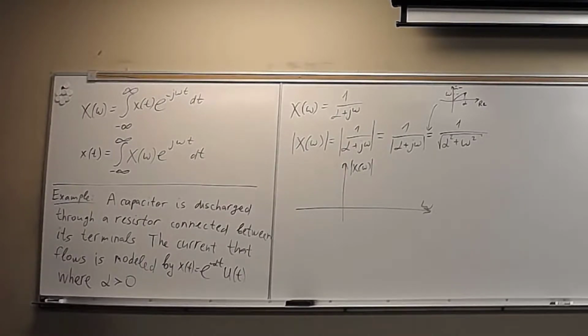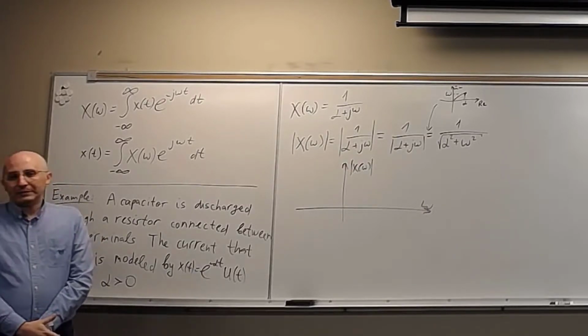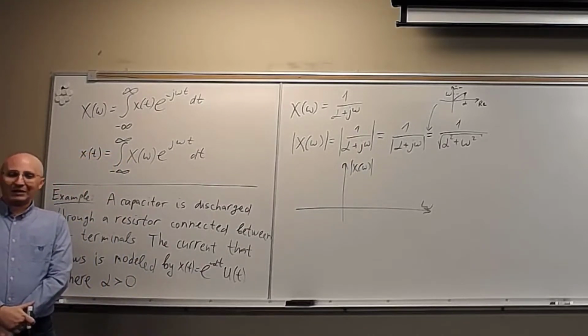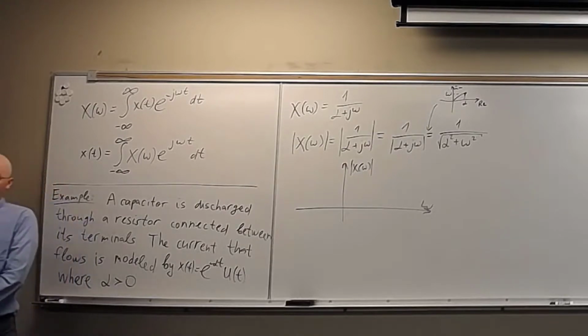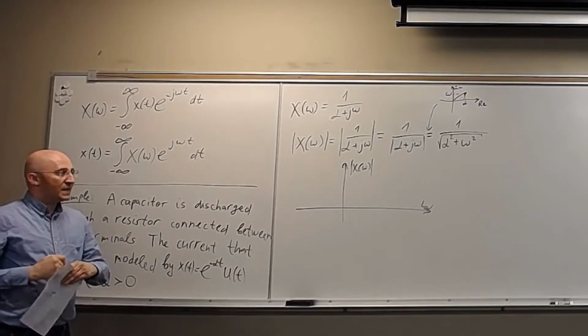Is it a hyperbola, parabola, 1 over parabola, or maybe an arctangent kind of shape, or a Gaussian bell kind of curve? Bell shape, why? Because as omega gets bigger, the denominator gets bigger.